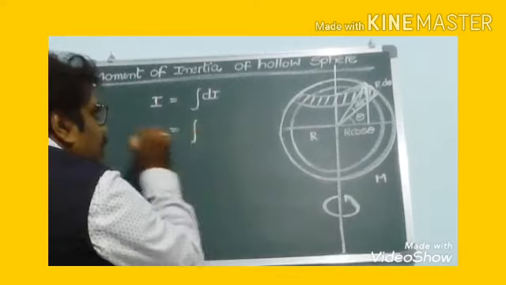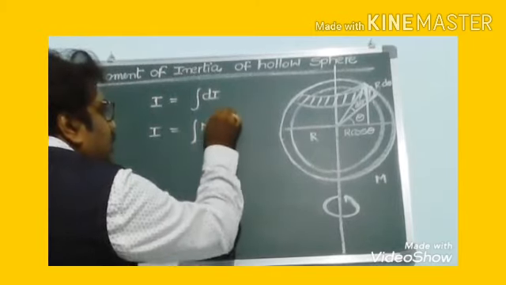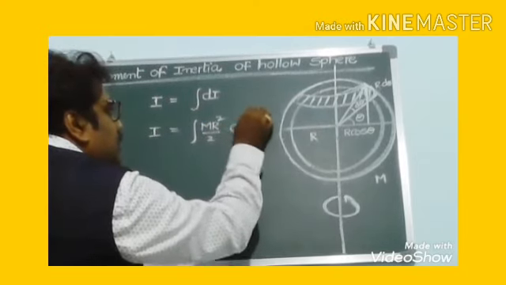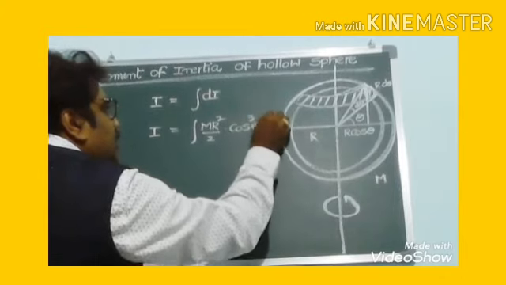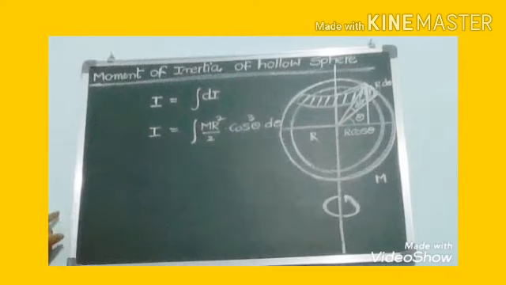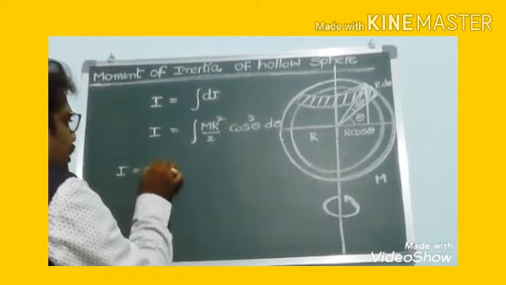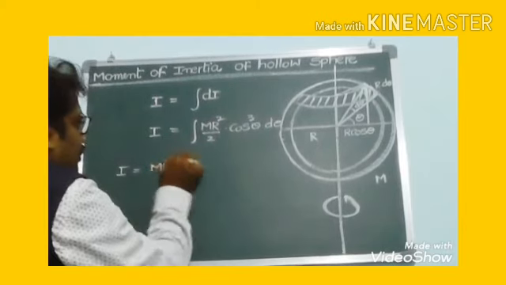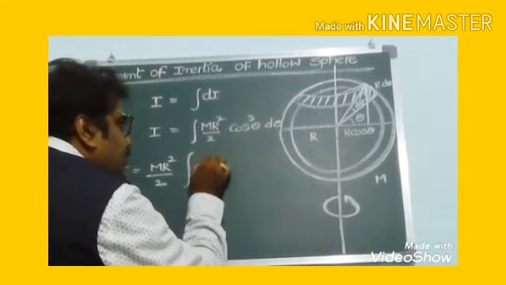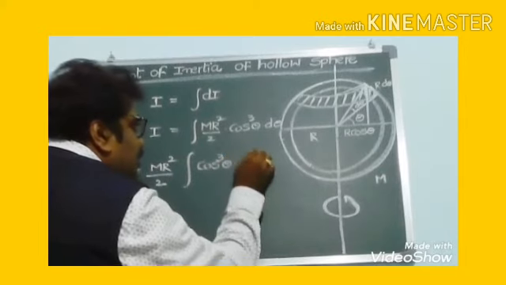Now dI you got: mr square by 2 into cos cube theta into d theta. Now I equal to mr square by 2 times the integration of cos cube theta into d theta.